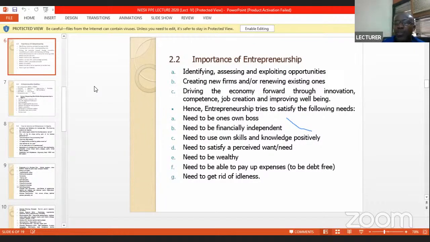A good entrepreneur can create new firms, and at the same time, they can revitalize or renew existing businesses. Entrepreneurs try to drive the economy forward through innovation, competence, job creation, and improving the well-being of themselves and their employees.